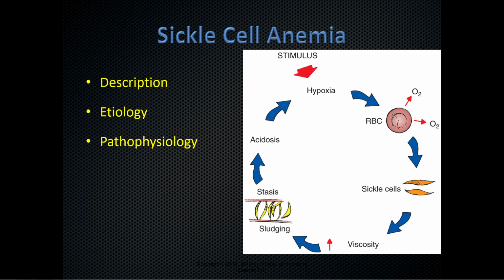This genetic trait is primarily found in people from West African descent and may rarely be found in persons of Southern European or Middle Eastern ancestry. Now, sickle cell anemia is usually diagnosed during the first few weeks and years of life, and prenatal screening is available.